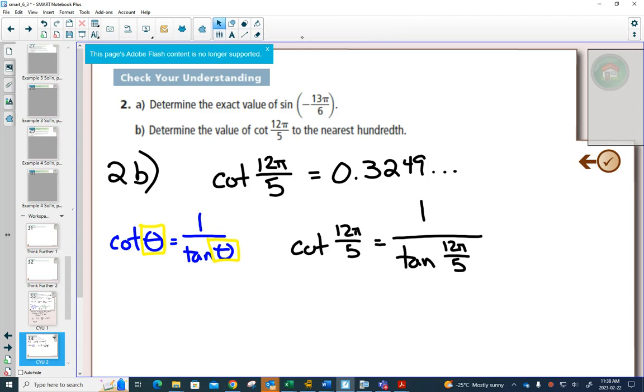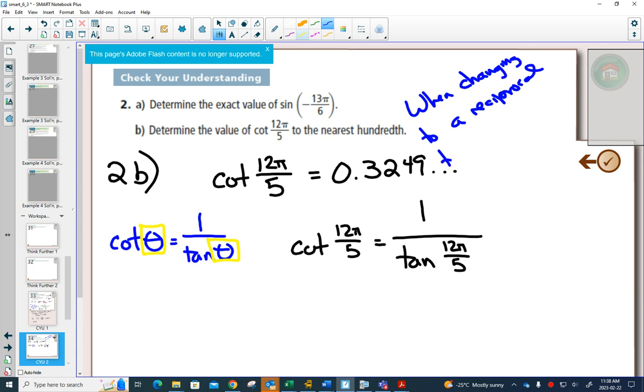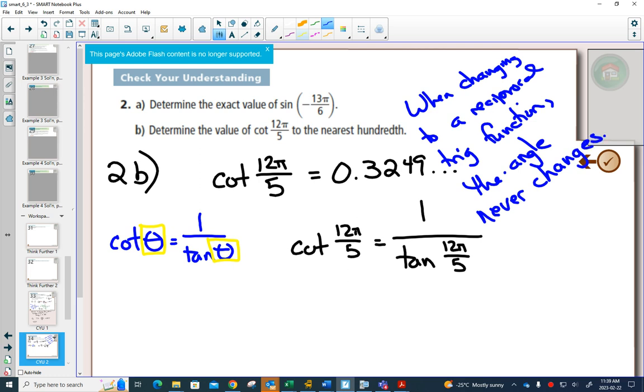And we want to write a note here: when you change to a reciprocal trig function, in other words, we change from cotangent to tangent, the angle never changes.